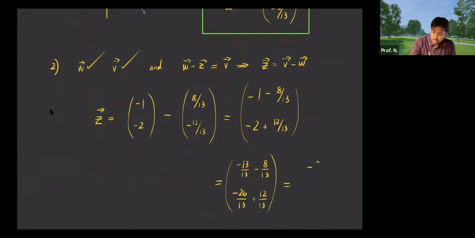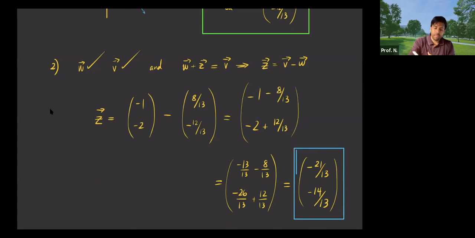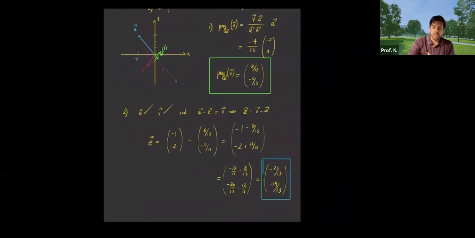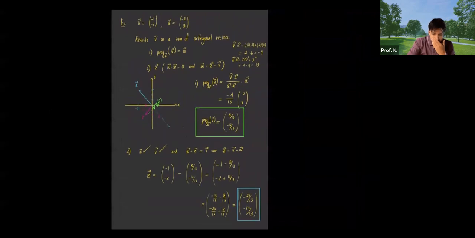And I get negative 21 over 13, and I get negative 14 over 13. Does that make sense, everyone? So not only are we finding the projection of V onto A, we're also finding the other component whose sum with the projection gives you the original vector V.